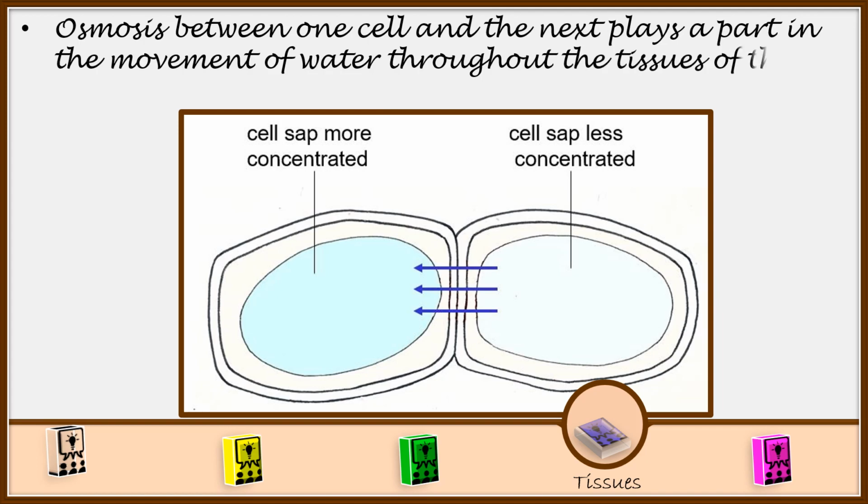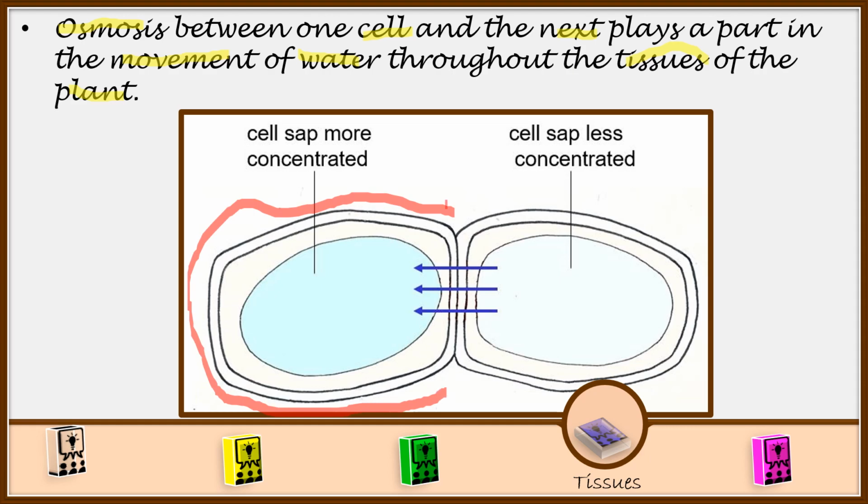Osmosis between one cell and the next plays the part of the movement of water throughout the tissue in the plant. So this osmosis taking place between these two cells is playing a part in water movement from one part of the plant to another part of the plant.